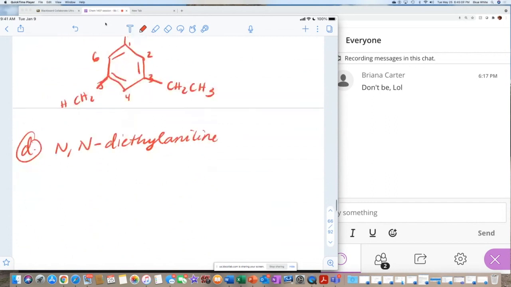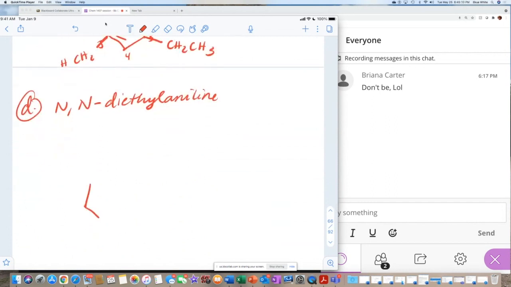Okay, for this one, my benzene ring has to be drawn. And just to be safe, I'm going to write my nitrogen here, and I'm going to put my two hydrogens here and my lone pair here. That takes care of the aniline. But they're telling me I have two side groups, two ethyls, and they are both on the nitrogen.